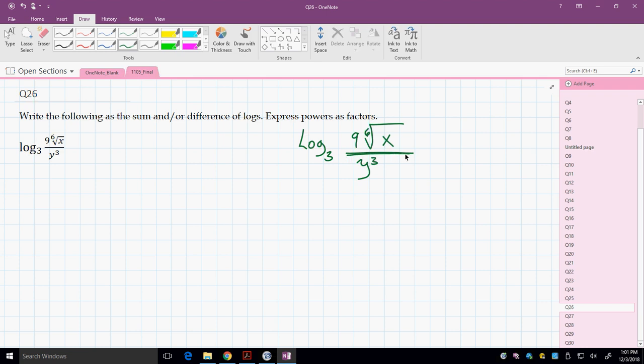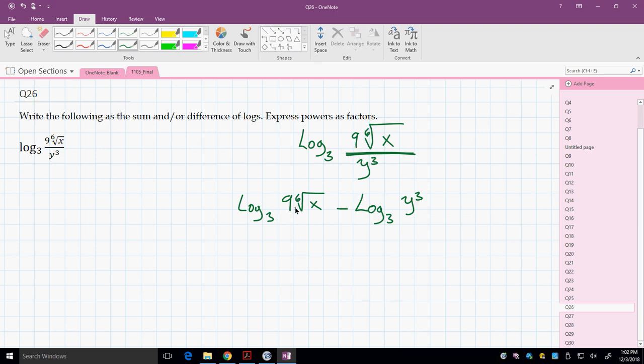When we have division, that means we change it to a subtraction, with the same log and the same base. So the numerator stays the same on top, and I'm going to subtract log base 3 of y to the third power.